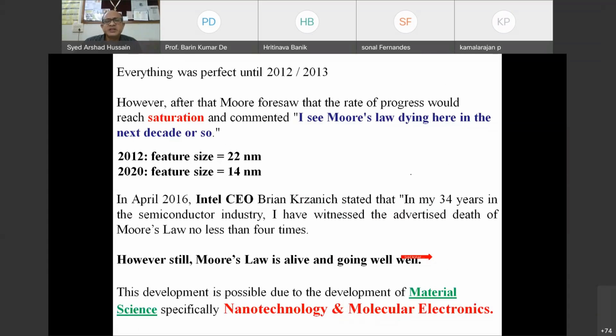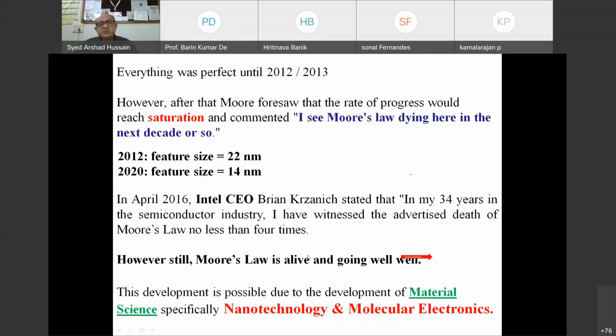In 2012-13, the individual feature size reached the order of say 25 nanometer. And then Moore gave one statement: I see Moore's law dying in the next decade or so. Why did he say this? Because he thought scientists had achieved the lower dimension size of the devices, and maybe it might not be possible to go further lower.